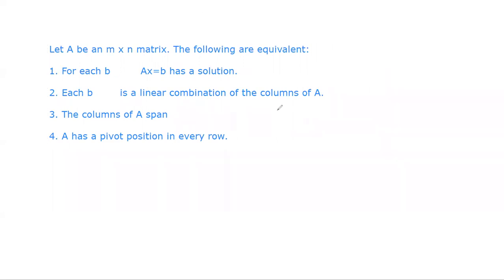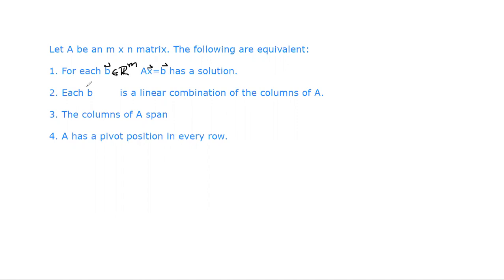For every single b that lives in Rm, because that's where the b's live, Ax equals b has a solution. So it doesn't matter what we plug in for B1 all the way through Bm, no matter what, we're going to have a solution. This is going to be consistent.